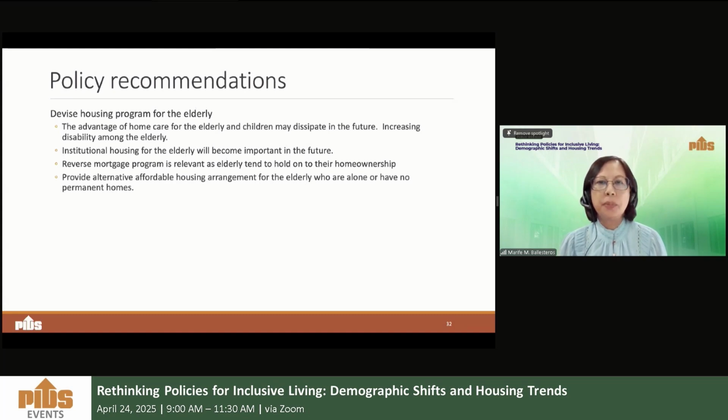And I think this will become even more challenging as our health and care workers migrate to other countries. So the possibility of home-based, family-based care for the elderly will dissipate in the future. So that's, I think, our final point for this study. Thank you, Ms.